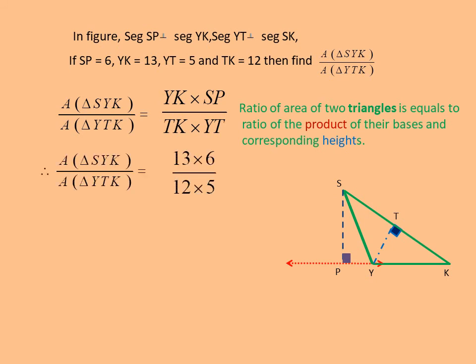Therefore, substitution: 13 into 6 upon 12 into 5. Cancellation: 6 one time, 6 two times, nothing else will get cancelled. Therefore, area of triangle SYK upon area of triangle YTK equals 13 upon 10.